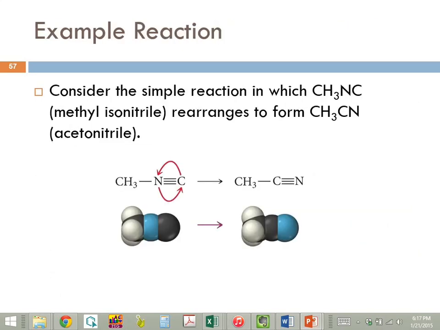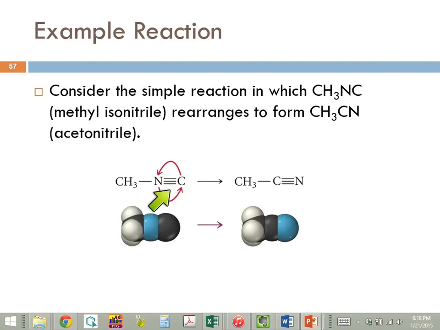So let's look at an example reaction. We're going to look at this reaction. This is methyl isonitrile, and that's an organic compound, so there's no way that you should know that name, but we're just going to tell you about it. And this is acetonitrile.